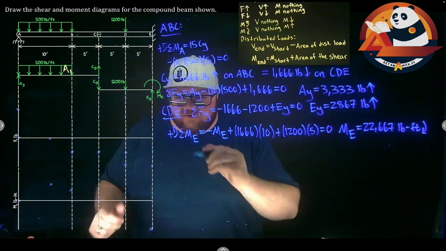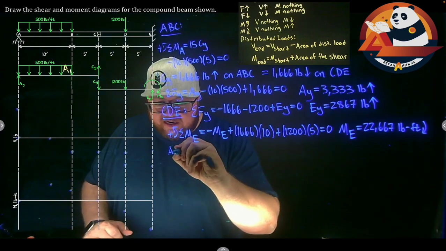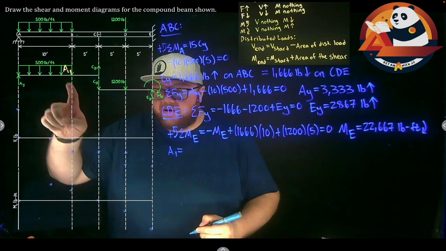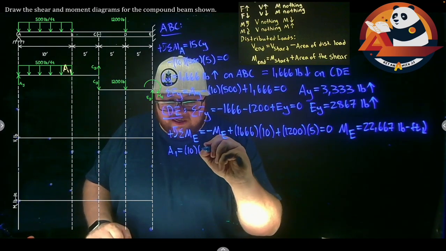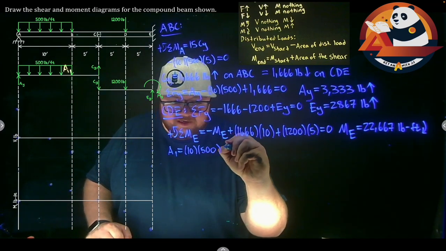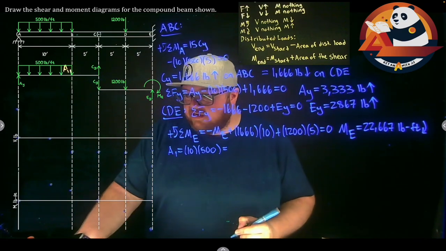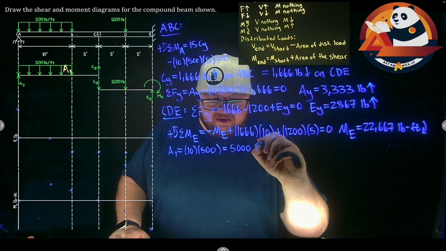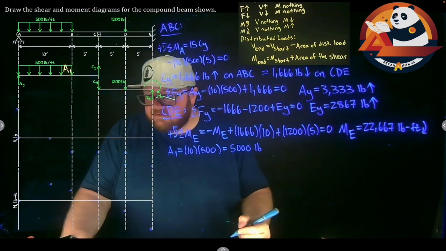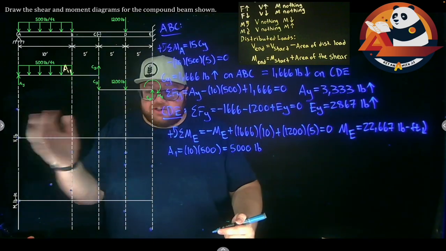Area 1 is a rectangle. The area is base times height, 10 times 500, which is 5,000 pounds. And that's everything I need to make my shear diagram.